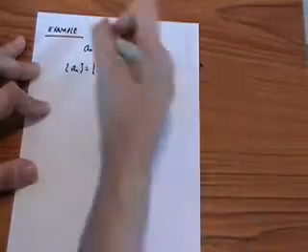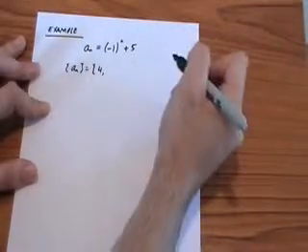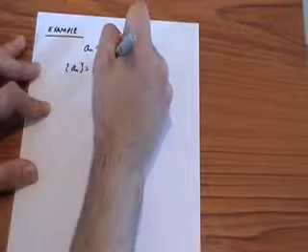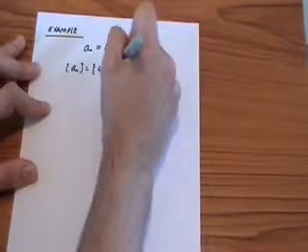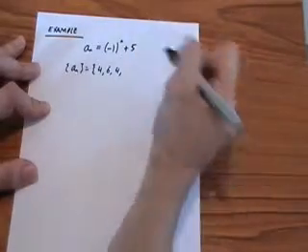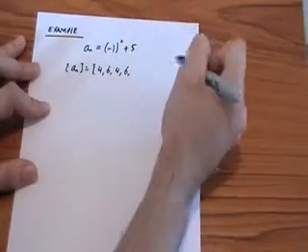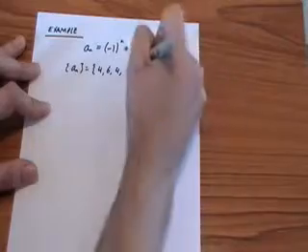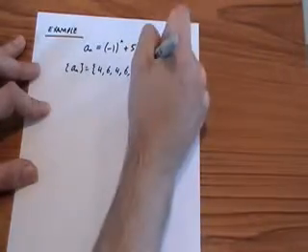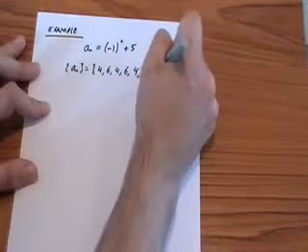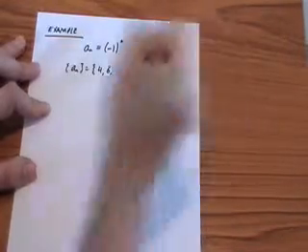Okay, so when n is 1, we'll get 4. When n is 2, we get 6. When n is 3, we get 4. When n is 4, we get 6. When n is 5, we get 4. And when n is 6, we get 6. And so on like that forever.